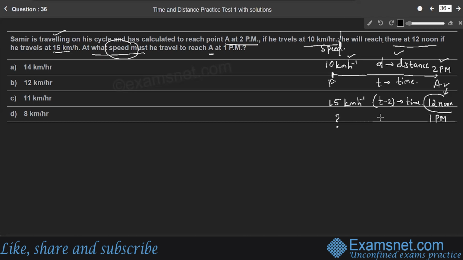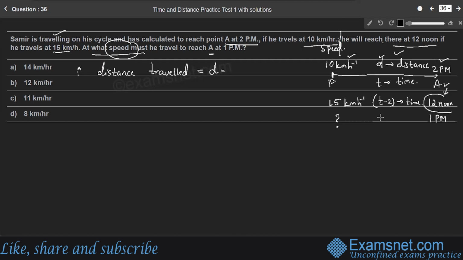So we'll consider these two distances and times. Here the distance will be the same, therefore distance traveled here is equal to D.